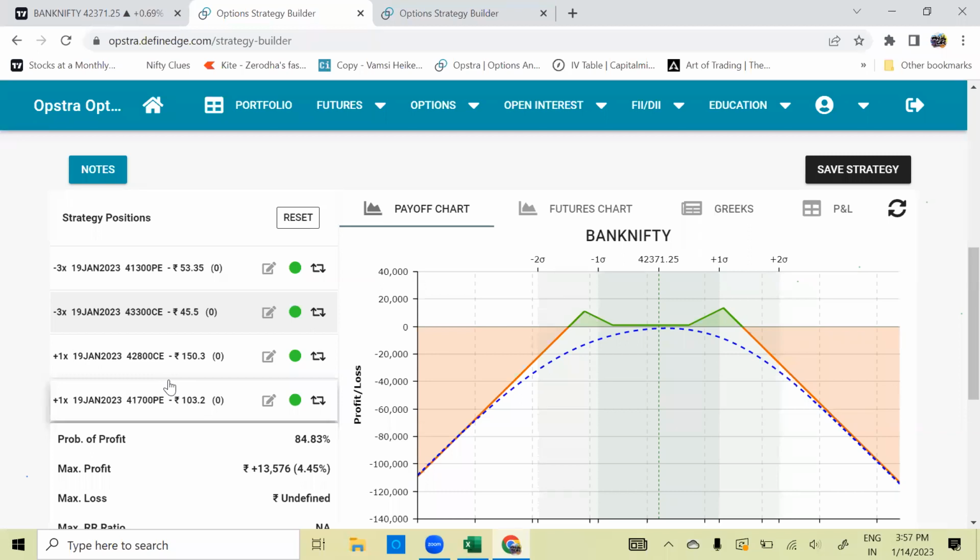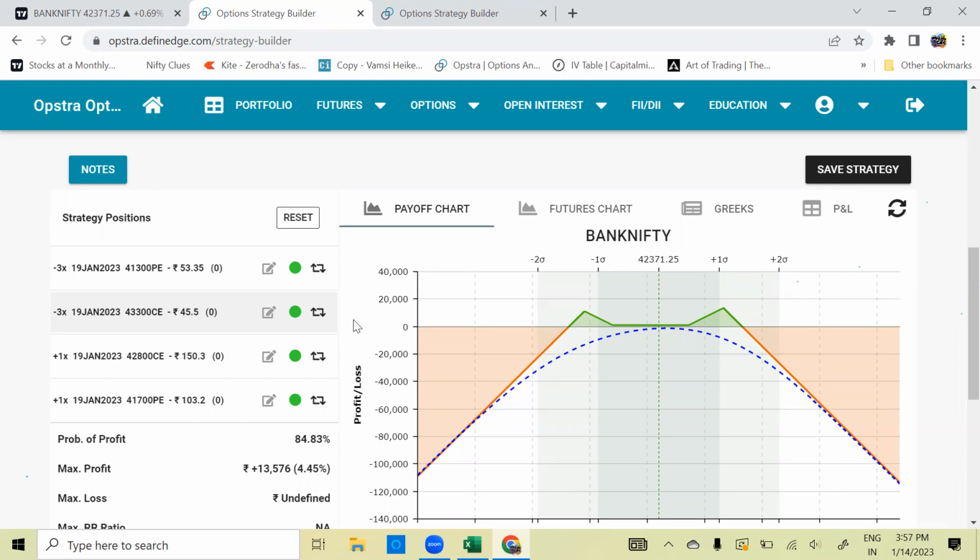This 1 lot naked option will also be supported from the other end. If the market is going upside, the 41,700 and 41,300 puts will give you some profit. That can also be added to the profit, which makes the entire trade profitable. I mean, the entire trade is almost a hedged trade.